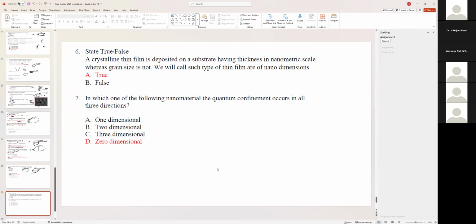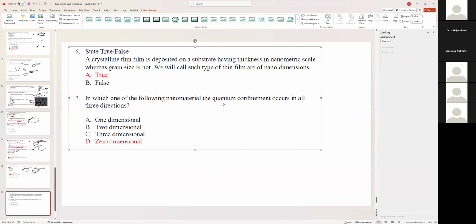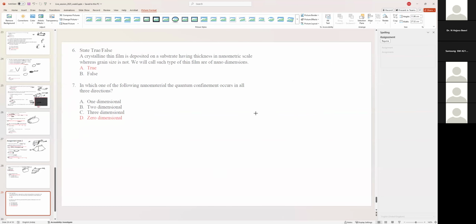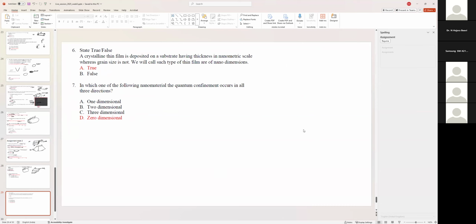It involves a crystalline thin film deposited on a substrate having thickness in nanometer scale, where the grain size is not. What will you call such a type of film? This crystalline film is deposited on a substrate.